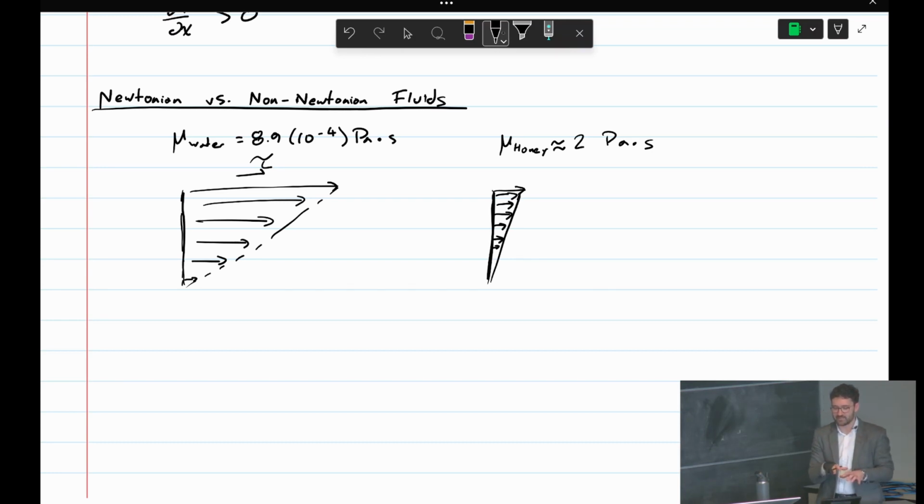So if you have a big tub of water versus a big tub of honey and you have a plate and you pull at the same force, the honey will basically move a lot less because of this. So that's linear velocity profiles, which we get for a Newtonian fluid, aka one that satisfies Newton's hypothesis up above.